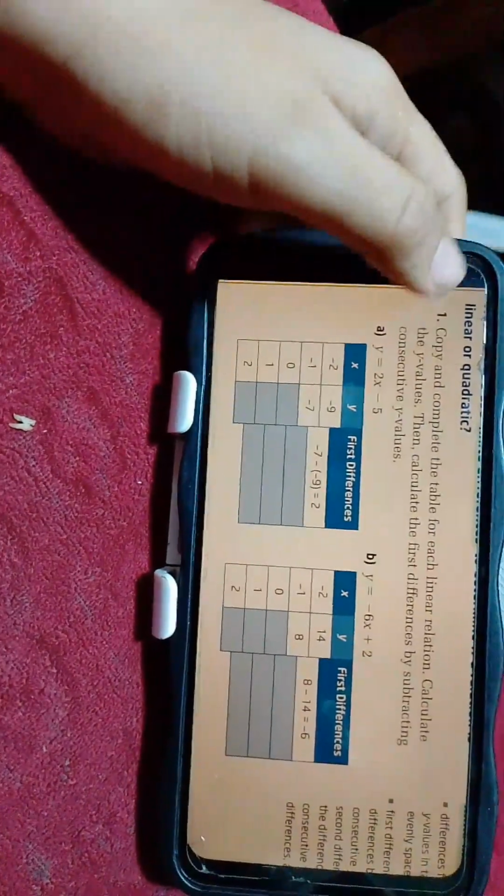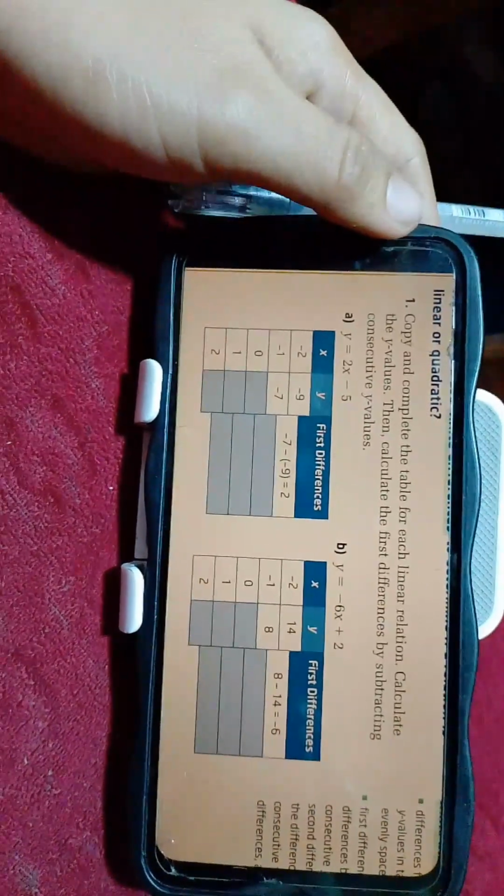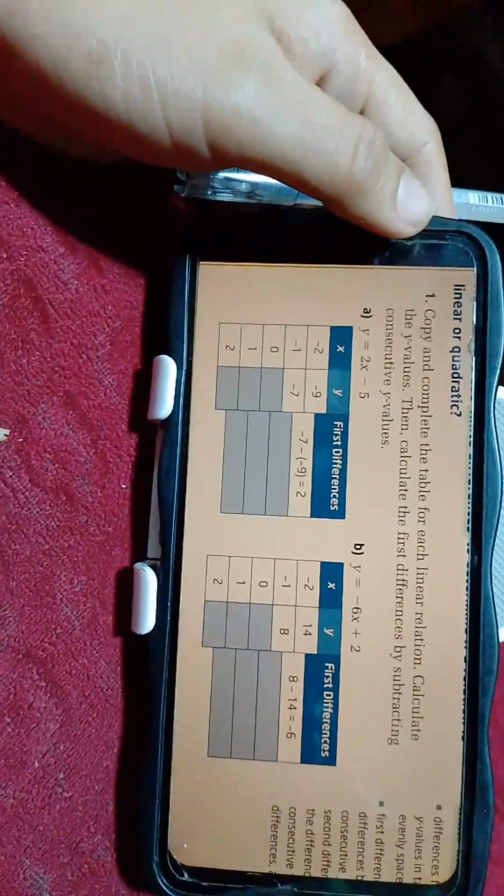Let us prove that. We are going to copy and complete the table for each linear relation. Calculate the y values, then calculate the first differences by subtracting consecutive y values. So let's have b.